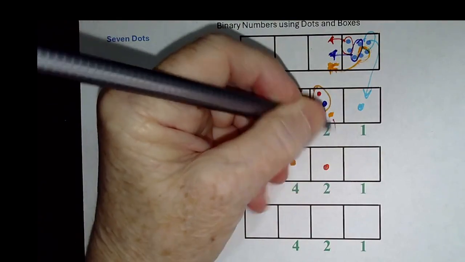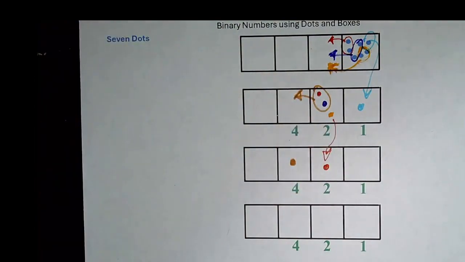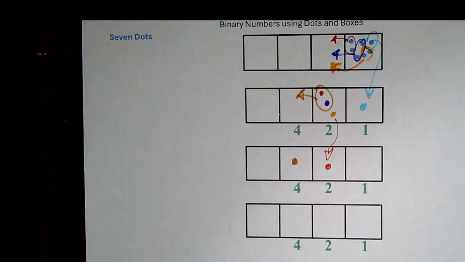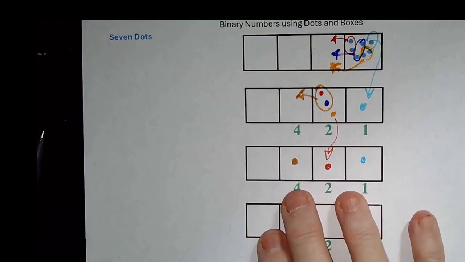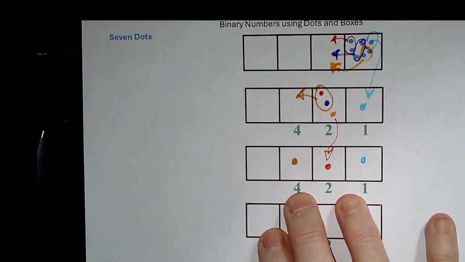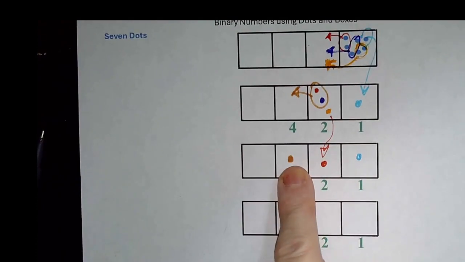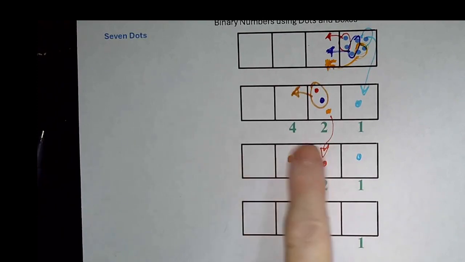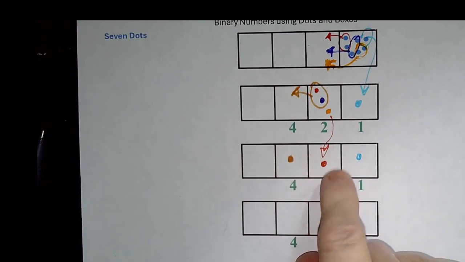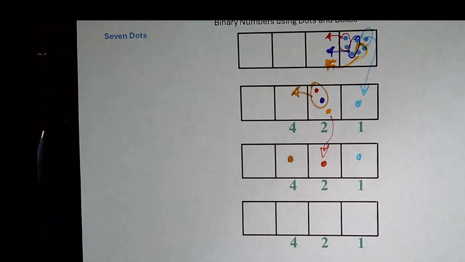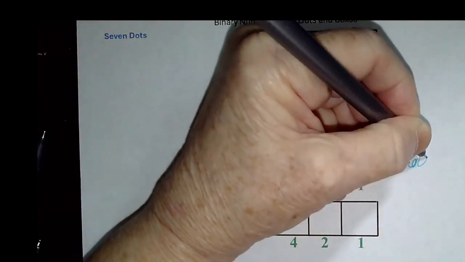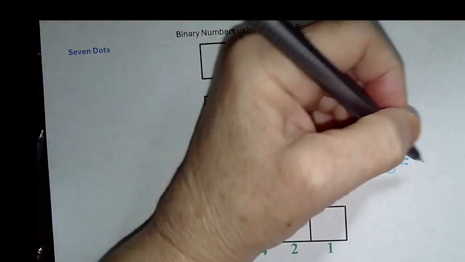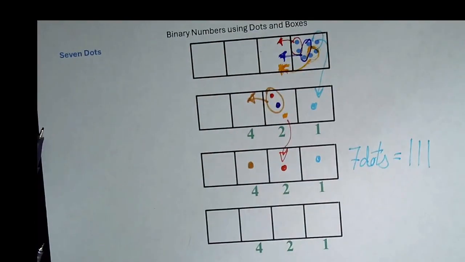So this is the dot that was left over, and we still have the dot in the ones place. So we can see that 7 dots has a dot in the fours place, a dot in the twos place, and a dot in the ones place. And that is why 7 dots is equivalent to the number 111.